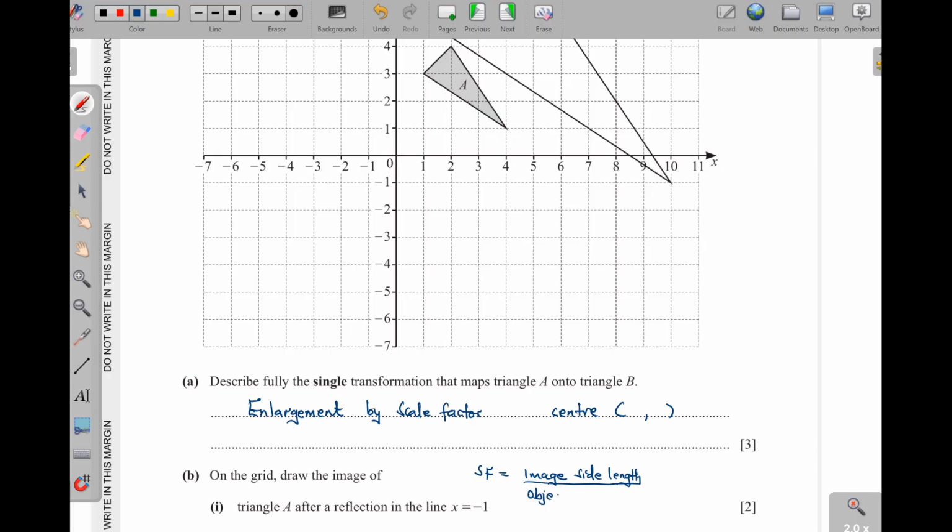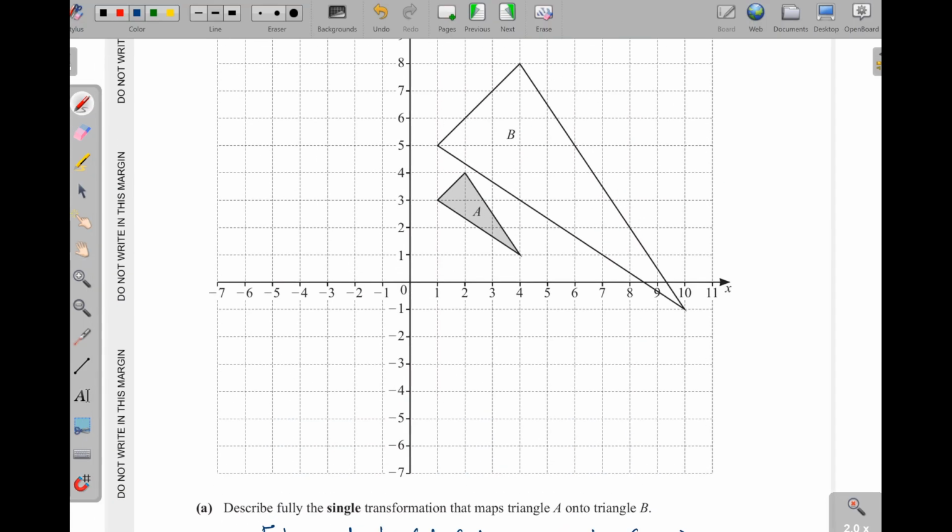These lengths are connected by a scale factor of enlargement. What I multiply this side with to get this one is the same that I multiply this with to get this other one, as well as this one here, okay?